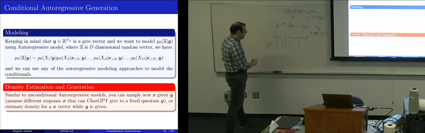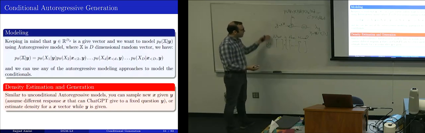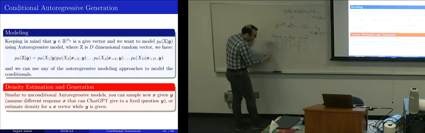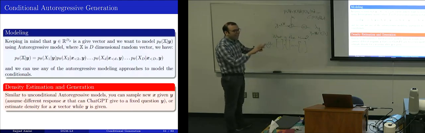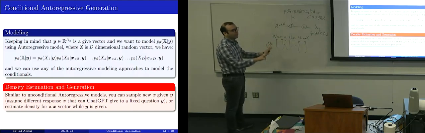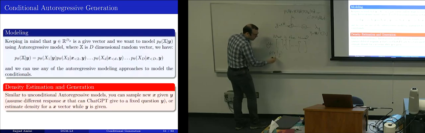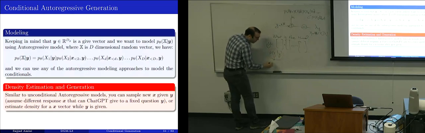What happens next? ChatGPT wants to start a response to your question. So it should fit, assume that it has a model. It has a trained model. It should model this distribution. So it inputs the y into its model, and then generates a distribution over all possible tokens.